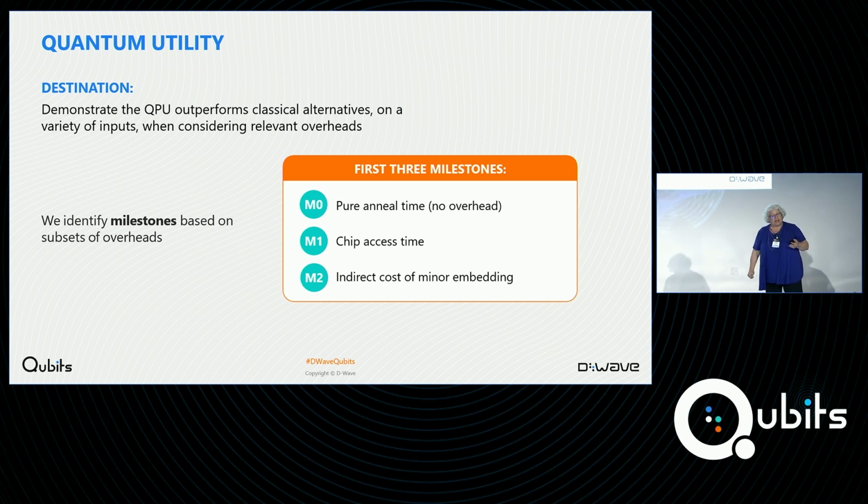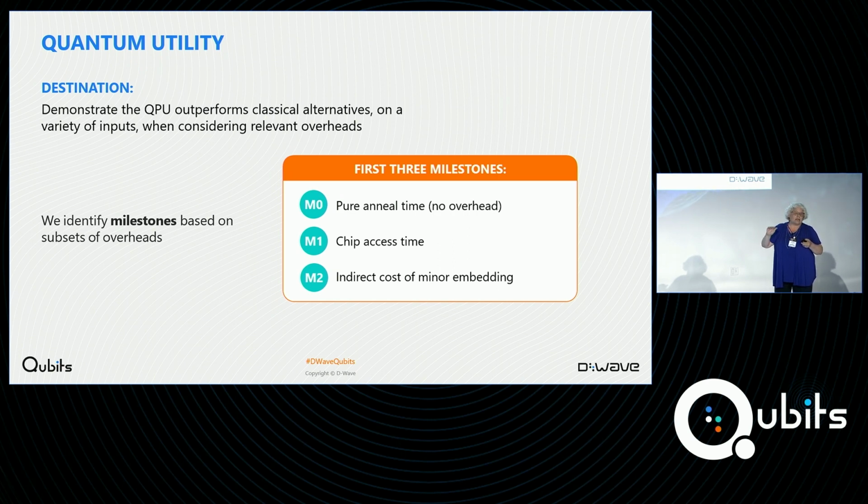The first three milestones in this longer path are as follows. Milestone 0: we measure pure anneal time, which is just the quantum part of the calculation. We're going to do the same kind of analysis that Carlton is showing you, as solution quality gets better as computation time increases. That's pretty typical for these kinds of heuristics that we're comparing to.